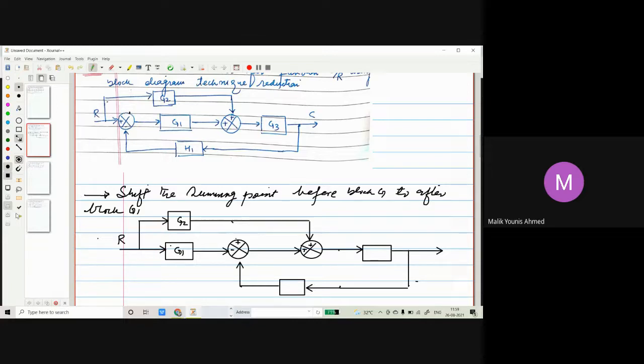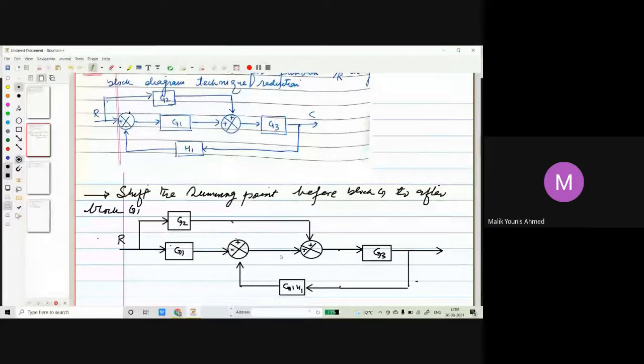Because now we are moving the summing point beyond a block, then the gain will be multiplied with the feedback gain G1 H1. Then here is as usual G3. So we have no problem. I think the first step is very simple.